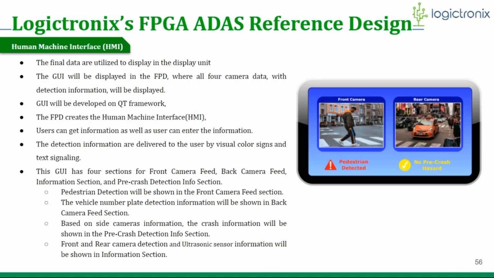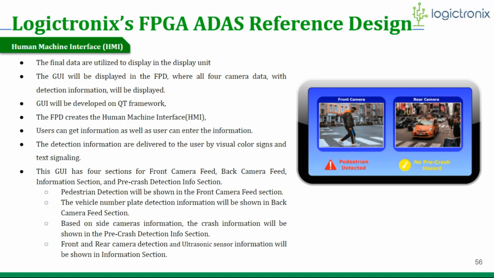The FPD creates the human machine interface from which the user can get information as well as enter information. On the other hand, the detection information can also be delivered to the user by visual color signs and text signaling. Okay, the GUI has 4 sections: front camera feed, back camera feed, information section, and pre-crash detection info section.